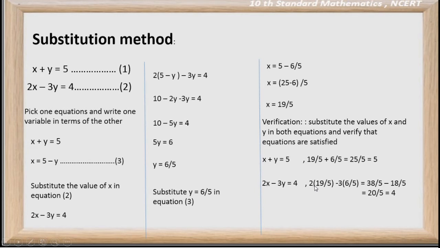See here, 2 into 19 by 5 minus 3 into 6 by 5 equal, 19 into 2 is 38 by 5 minus 6 into 3 is 18 by 5. 38 minus 18 is 20. 20 by 5 equal to 4. So this 2x minus 3y equal to 4 is also satisfied. Hence, the values are x equal to 19 by 5 and y equal to 6 by 5.